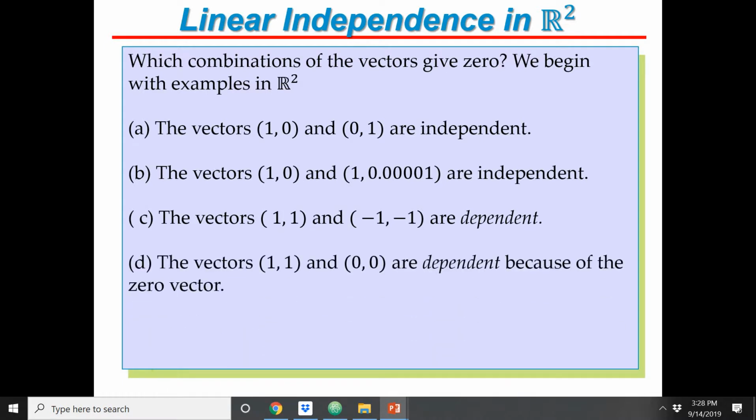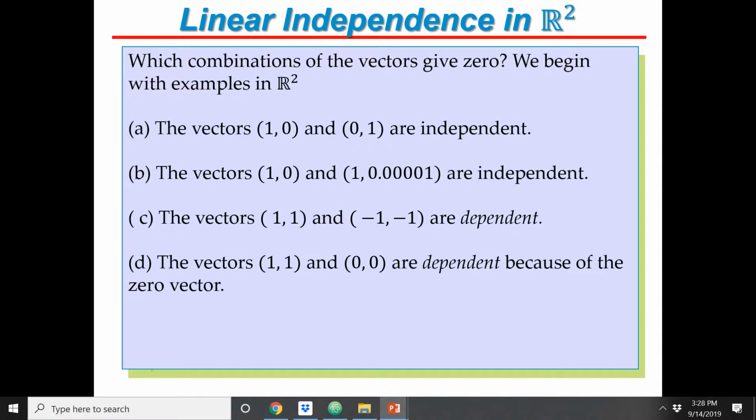If you take now the vector 1, 1 and the vector 0, 0, these vectors are dependent because you can write the vector 0, 0 as 0 times the vector 1, 1. So the 0, 0 vector can be written as a combination of any other vectors, which means something extremely important.